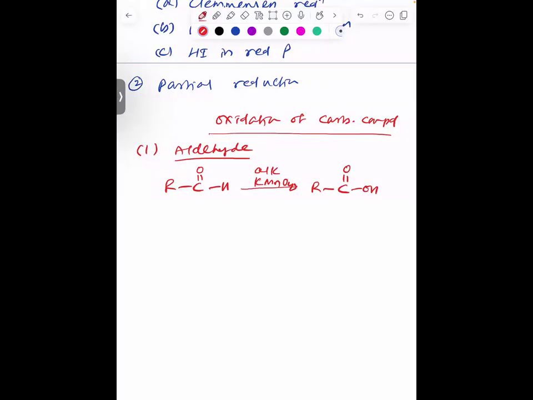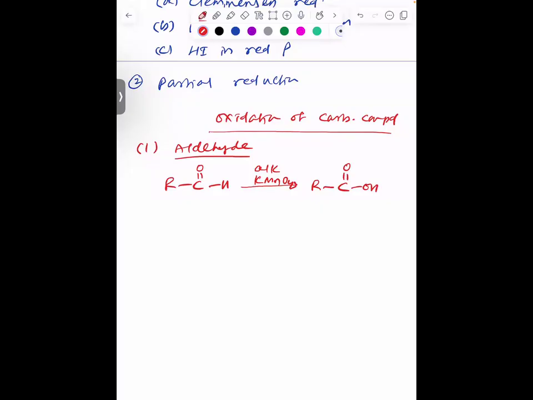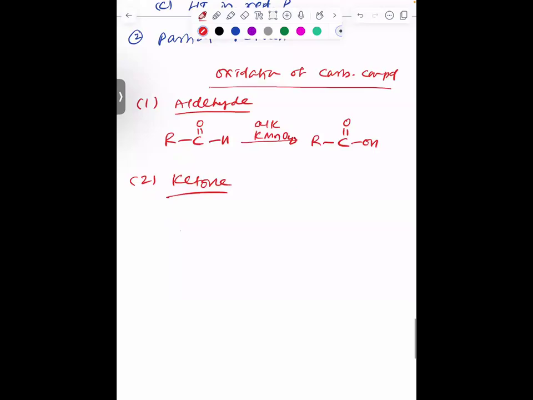And what about ketone? Can it be easily oxidized? No. In case of ketone, there is no hydrogen attached to the carbon directly attached to the carbonyl group to get oxidized.